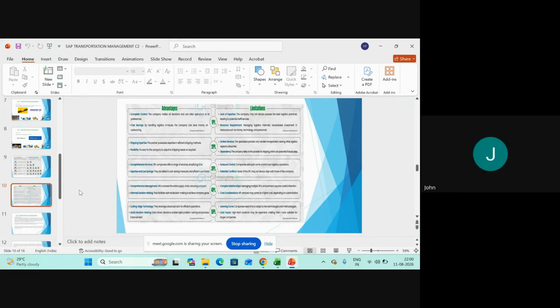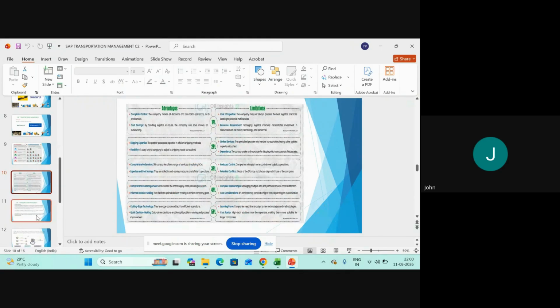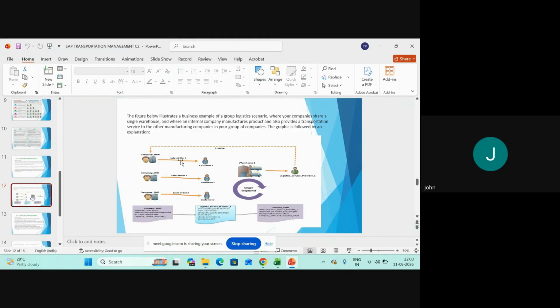And the last one is group logistics. To understand group logistics, take for example Tata Motors, the Tata group of companies. Below that we have company codes: company 1000, company 2000, company 3000. But the unfortunate thing is that company 2000 and 3000 do not have a transportation facility.